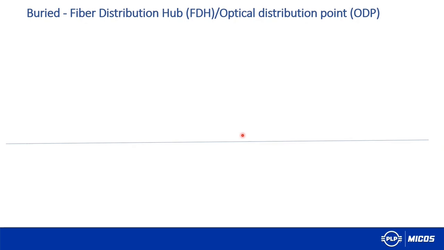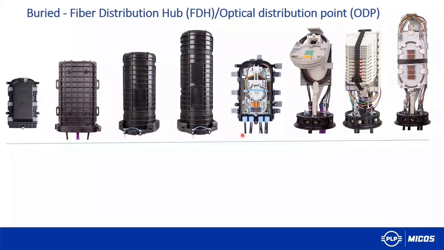Okay, so underground installation. Of course, the most known and most common product for underground installation are the dome closures. And nowadays there are many types of dome closures on the market, and usually they are placed in manholes.